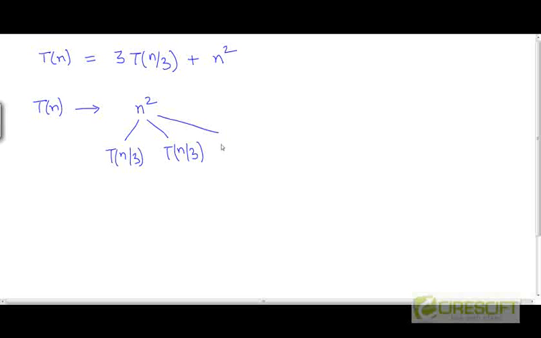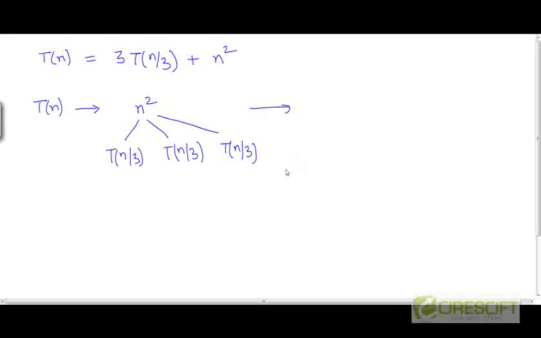There are 3 of these terms because there are 3 subproblems of size n by 3. So after one round of application, or opening up of the recurrence, we get this.